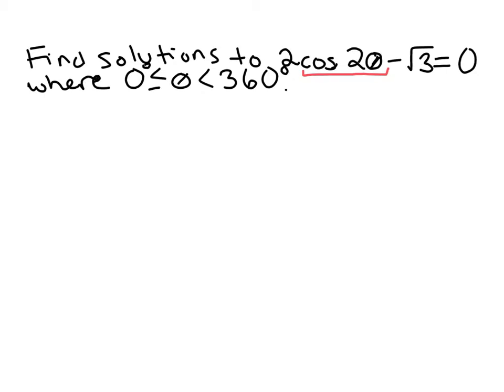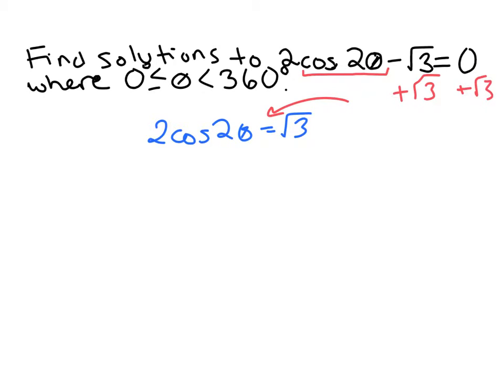But so the first thing that I would suggest that you do is add that square root of 3 to both sides. Okay, which gives us this equation. So 2 cosine of 2 theta equals positive square root of 3, and then divide both sides by 2.